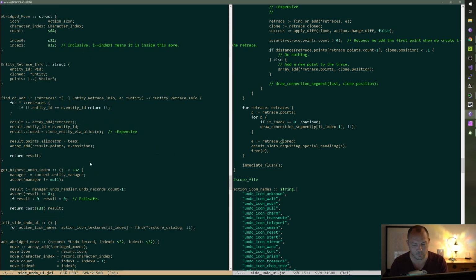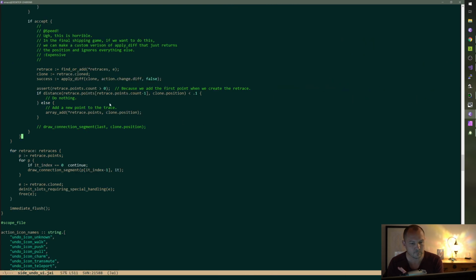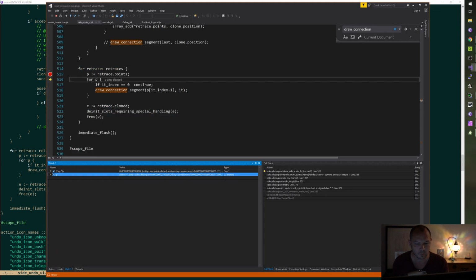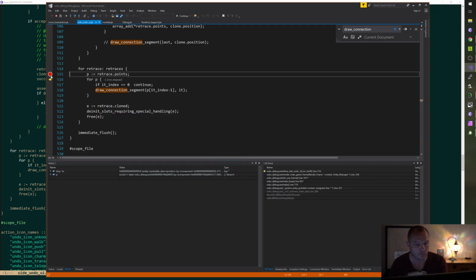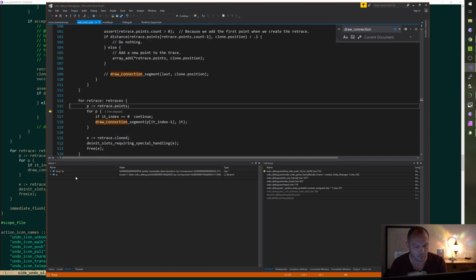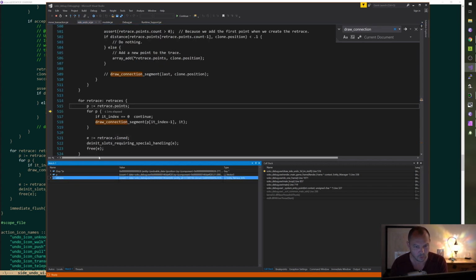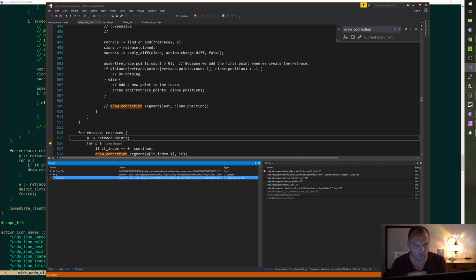I do add the position. So we apply the diff. Let's just see what happens here. Make sure there's only one. There is only one. Okay, retraces.